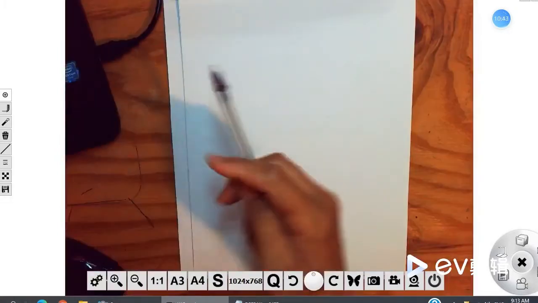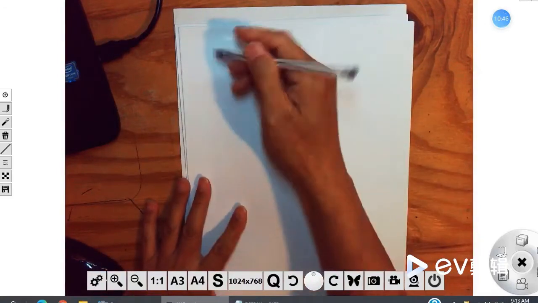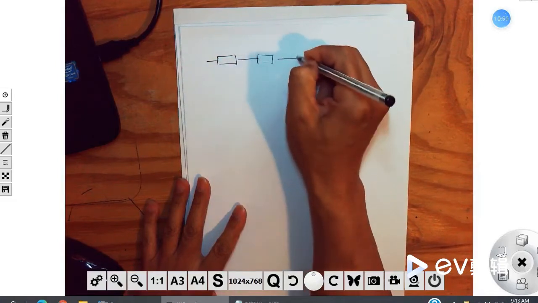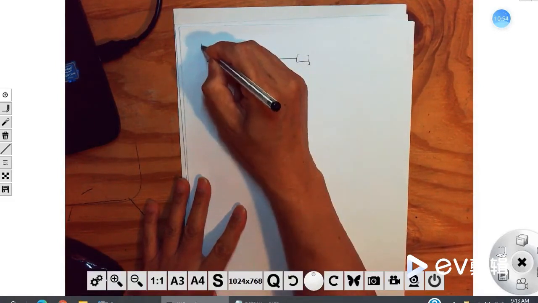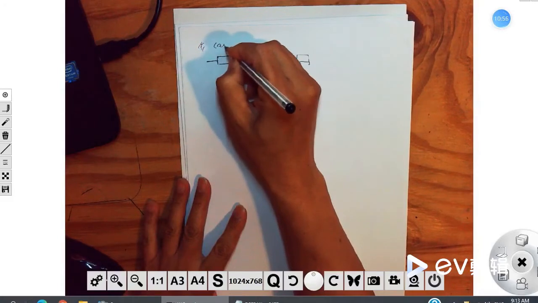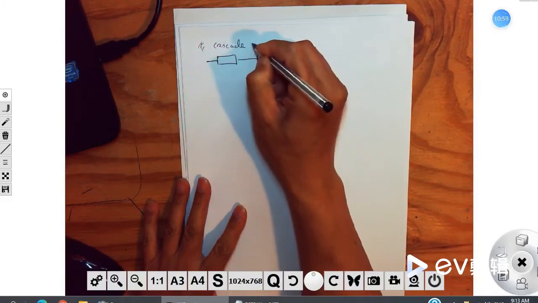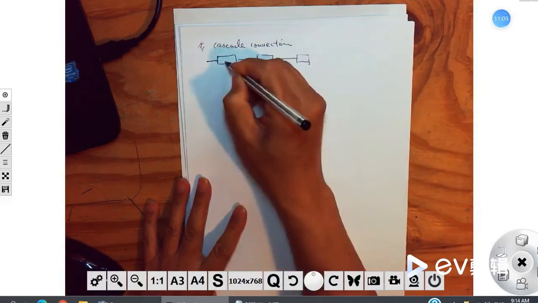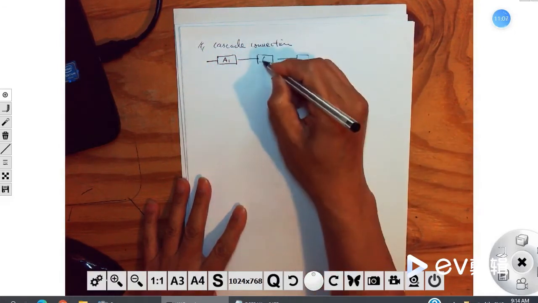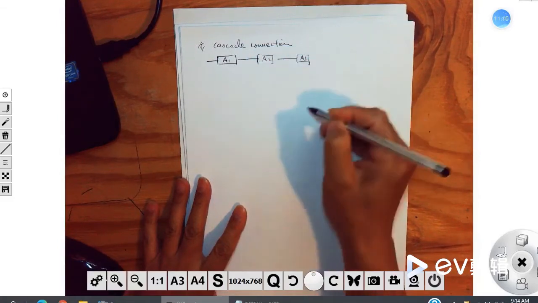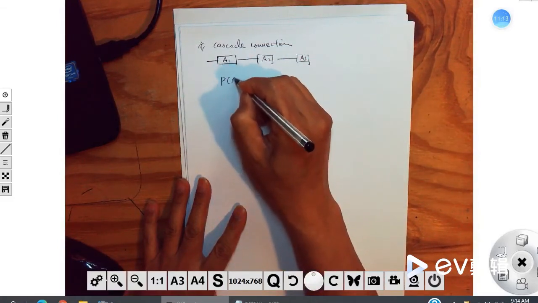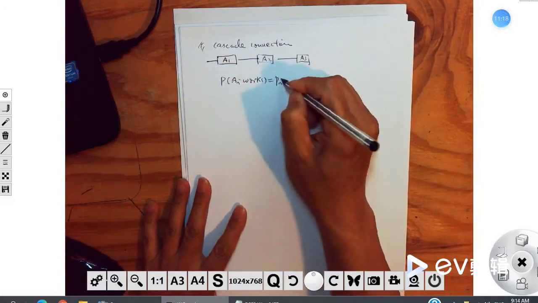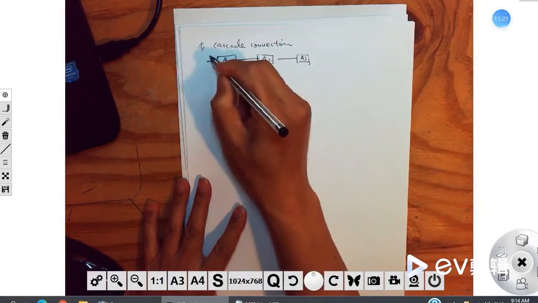Yeah, and write this one. This is a parallel. This is a cascade connection. This is A1, A2, A3, and the probability of Ai works equal to Pi, and this is the overall one.